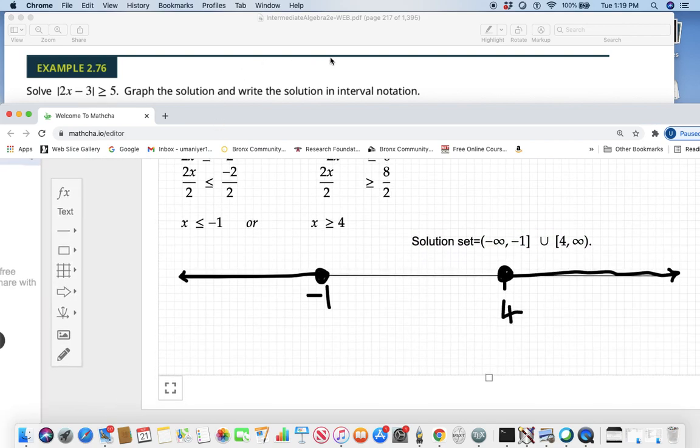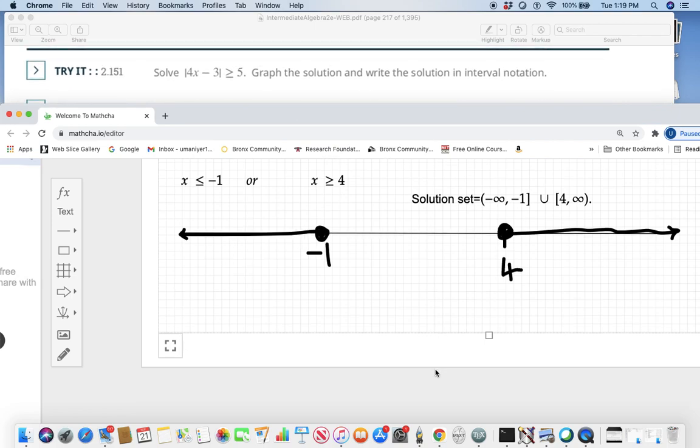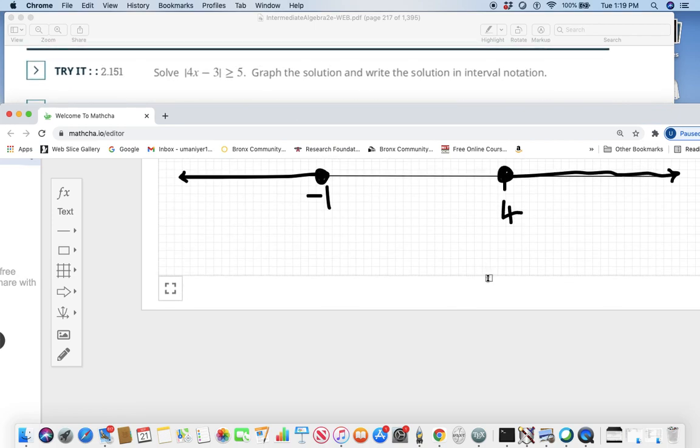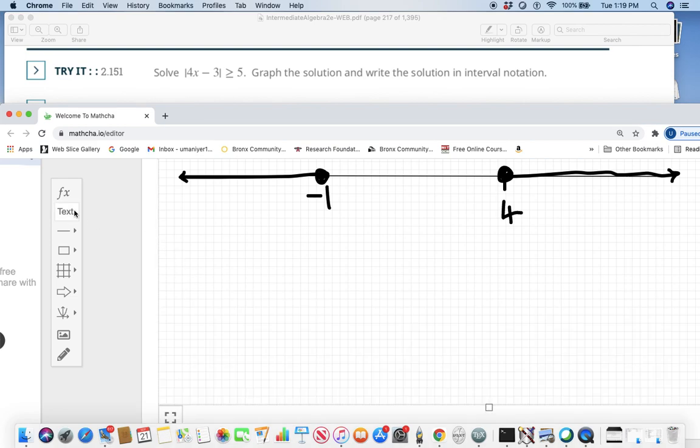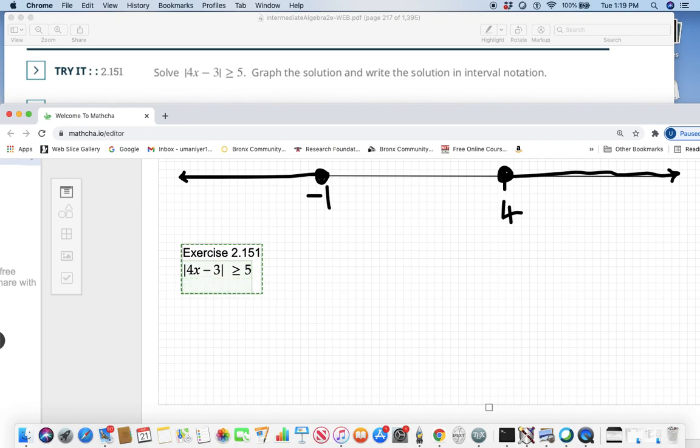Okay. Let's try one more. Exercise 2.151. You're solving, graphing, writing the solution in interval notation of absolute value 4x minus 3 greater equals 5. Good.